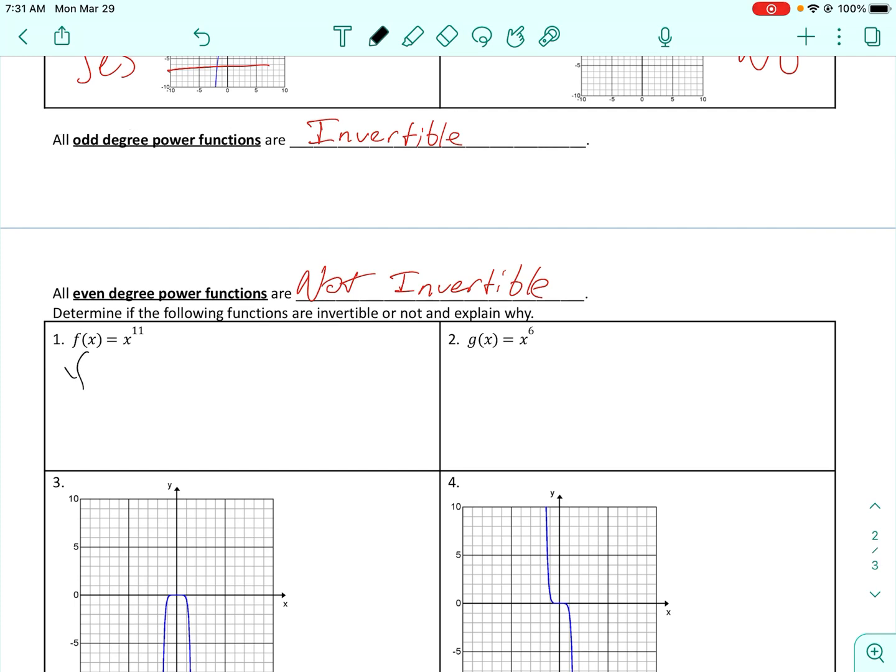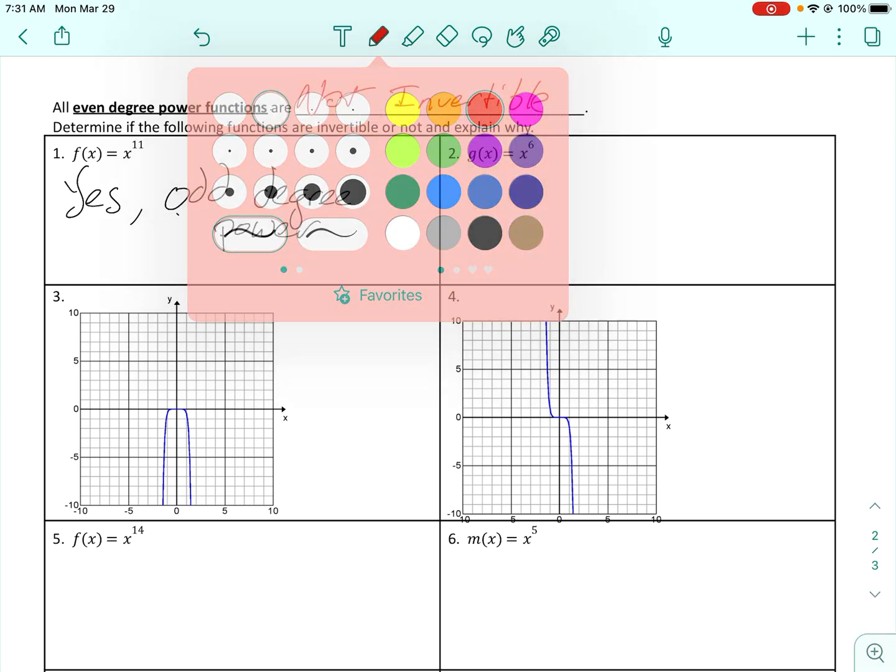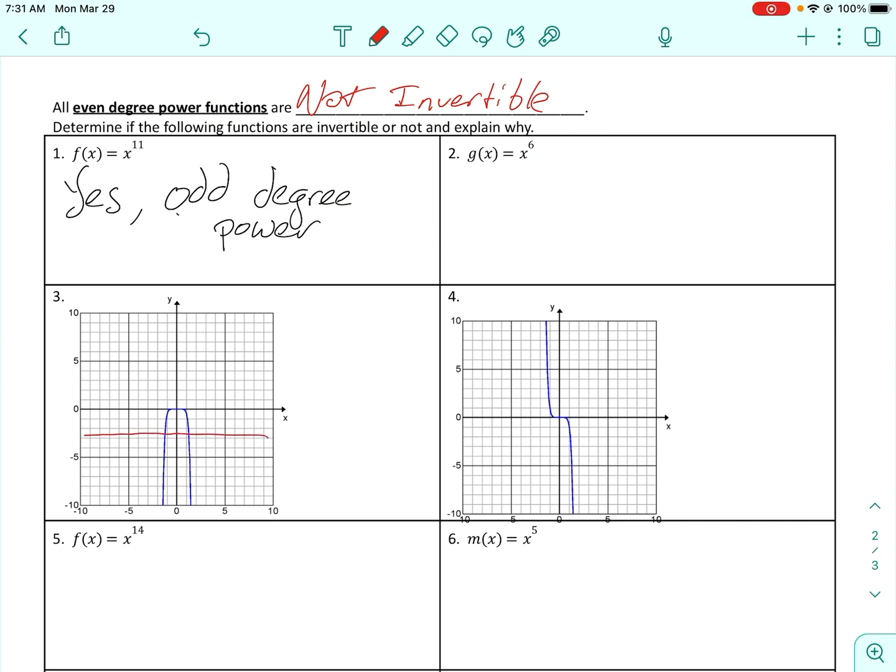So you can say yes, odd degree power. Boom, that's all that you need. And then number 3, you can go ahead and just draw a horizontal line test, and you can say no, does not pass the horizontal line test.